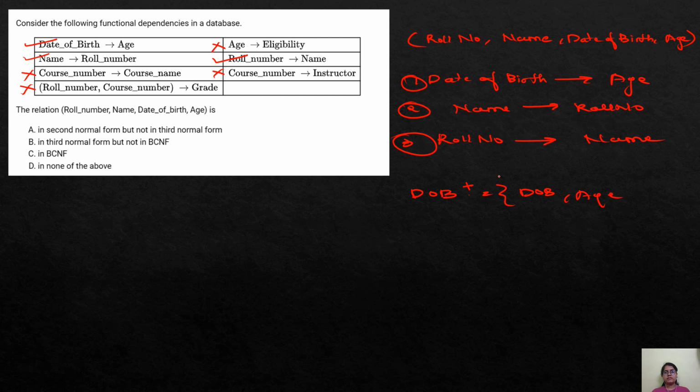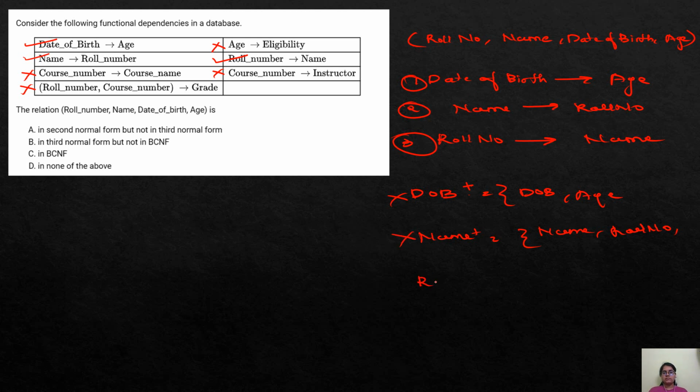From age can we derive anything? No. So date of birth is not a candidate key. Let's check for name. Name we can derive, roll number we can derive, and from roll number can we derive date of birth and age? No, so name is also not a candidate key.